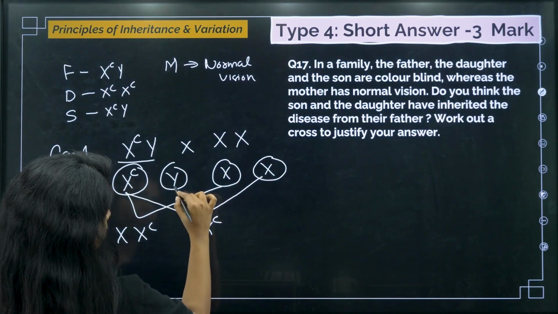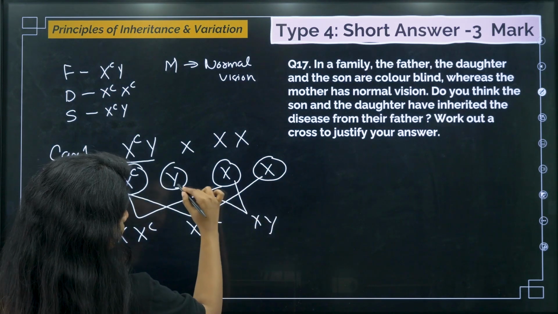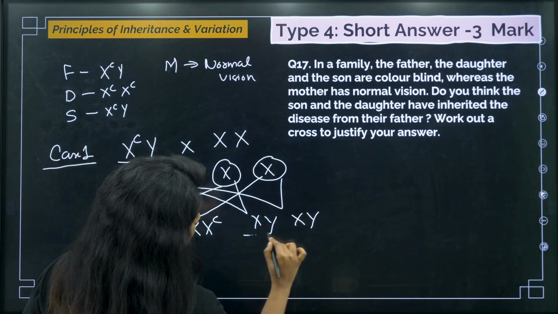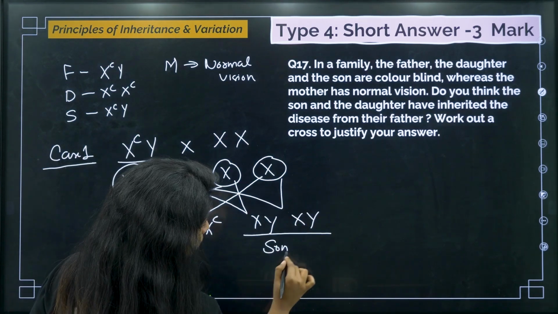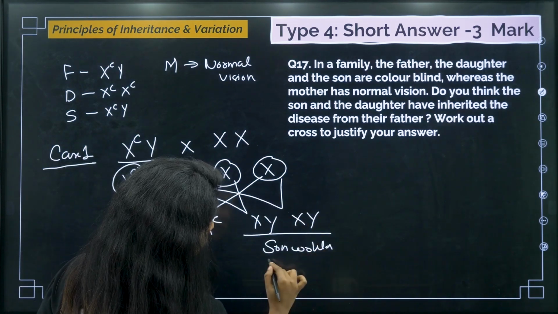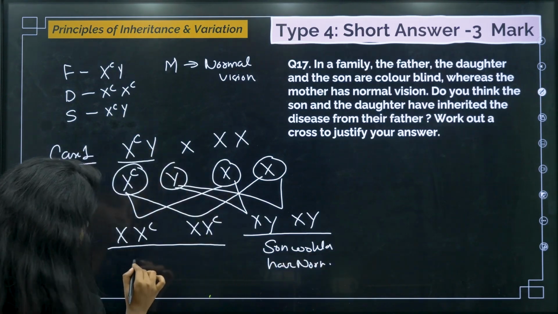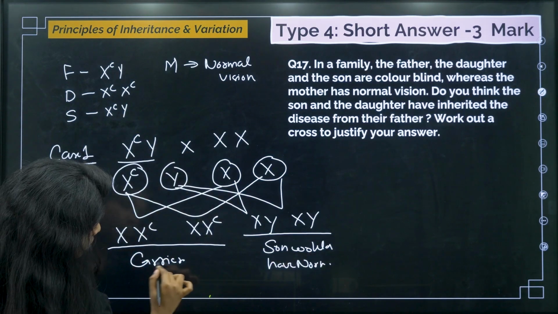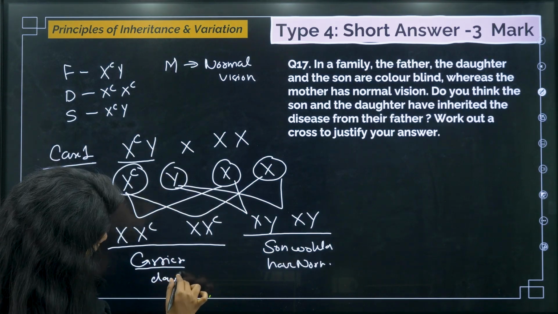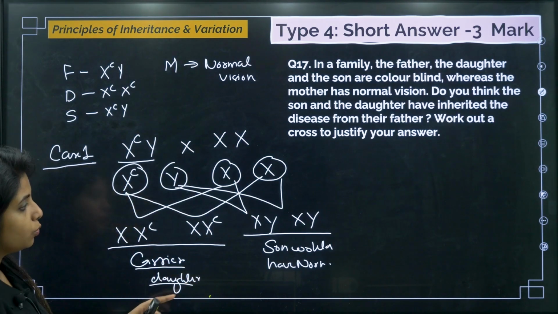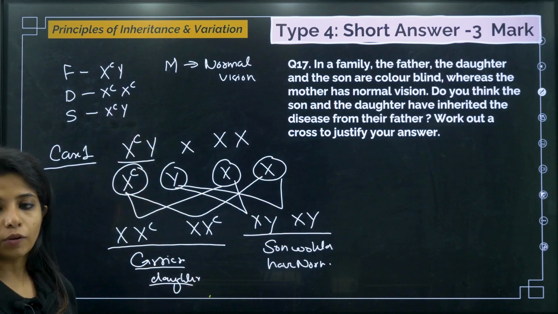If I fuse them, I get XY. The sons would have been normal. And 50% of the daughters would have been just carriers. But do I see that here over here? No. Now case number 2.